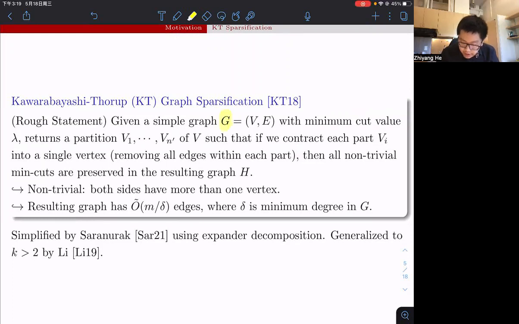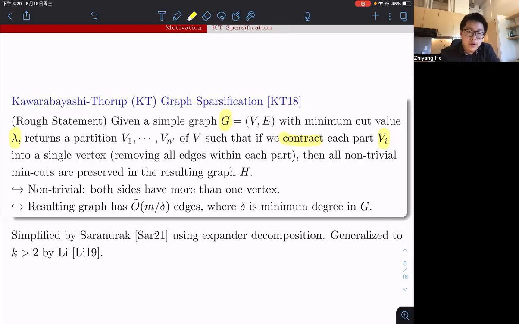Given a simple graph G with minimum cut value lambda, it's going to return a partition of the vertices such that if we contract each part Vi into a single vertex, which means we're going to remove all the edges within each part, and the resulting graph will be a multigraph, then all non-trivial min cuts of G are preserved in the resulting graph H.